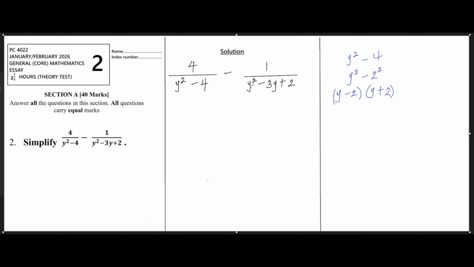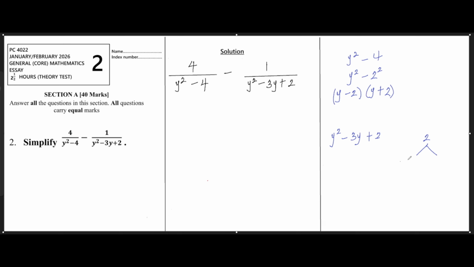And then what of this quadratic trinomial? We also have a quadratic trinomial, that is y squared minus 3y plus 2. So we know that the coefficient of y squared is 1 and the constant here is 2. So 1 multiplying 2, that is 2. But then we are looking for factors of 2 whose sum should give us negative 3.